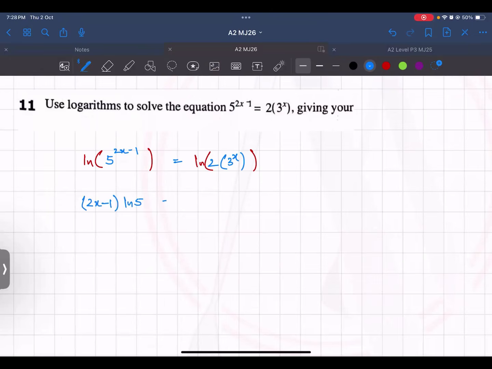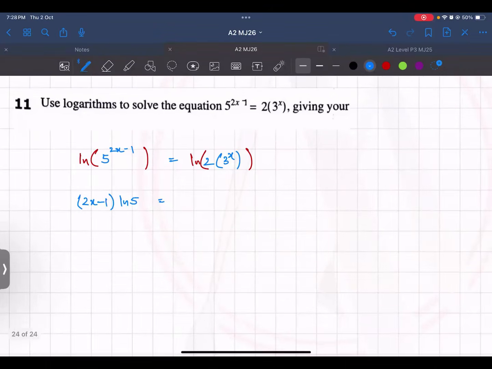So what would this become? 2x minus 1 comes down, ln 5. And inside the log on the right, there are two things multiplying with each other: you have 2 and you have 3 power x. Using the rules of logs backward, you can now separate them: ln 2 plus ln 3 power x. Isn't it? We have used the first rule of log in the opposite direction, so that we can separate the things which are multiplying inside the log.